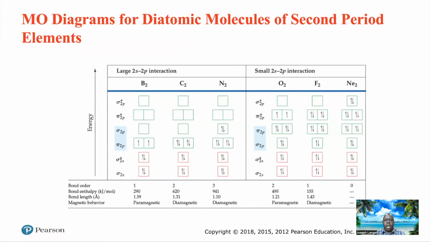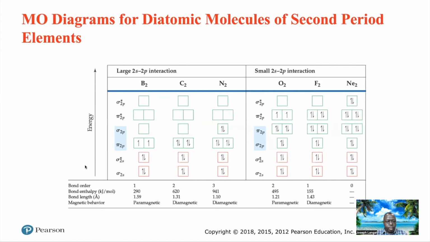Diamagnetic means it will not be attracted towards the terminal of a magnet. Paramagnetic means it has magnetic properties, has unpaired electrons. That means for diamagnetic, all electrons are paired up.